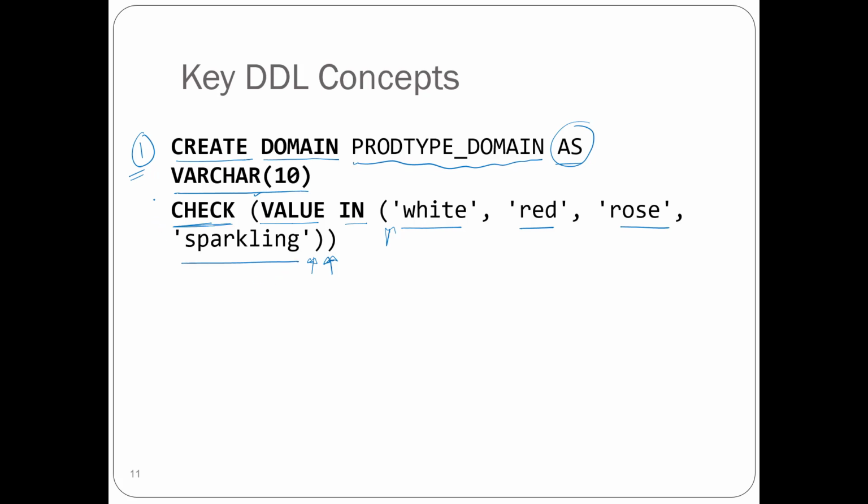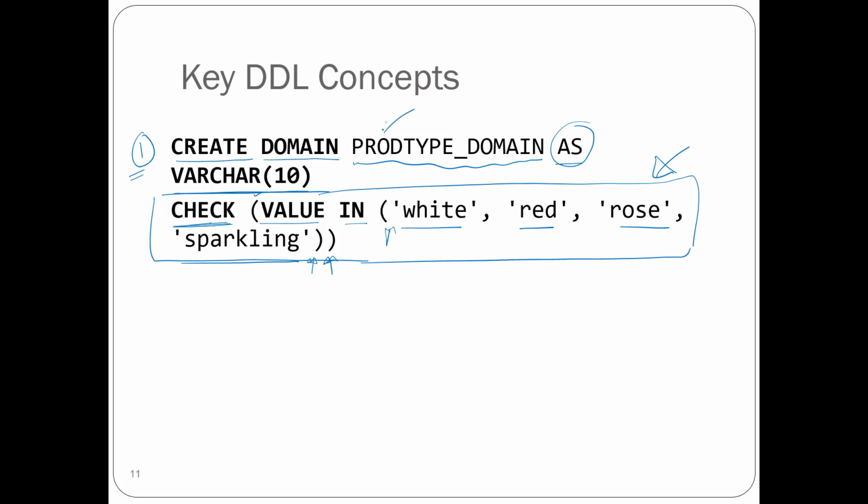The very purpose of putting this check in this create domain statement is to make sure that when the user is providing the value for a column that uses this product type domain, the only values allowed are white, red, rose, or sparkling.